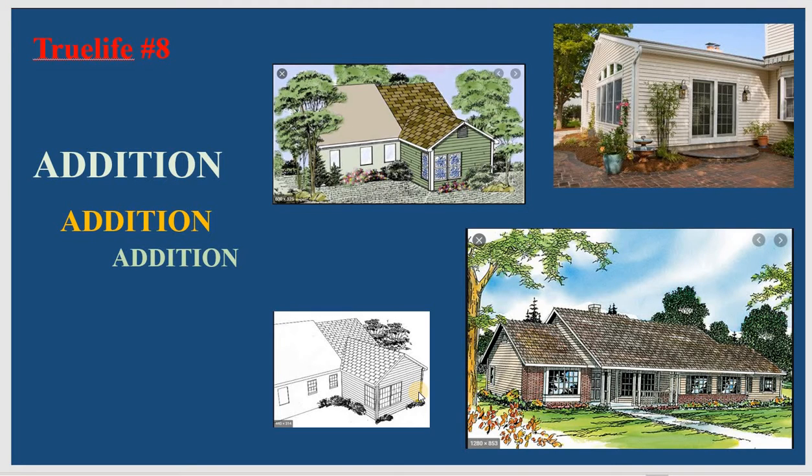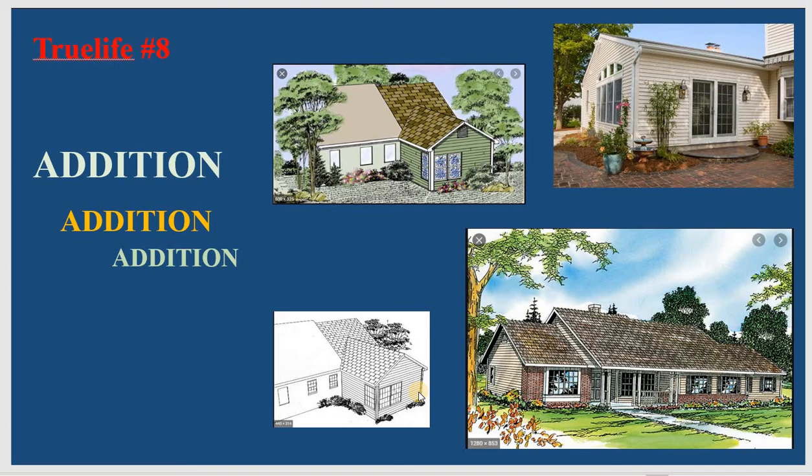Before we had ADU. ADU is accessory dwelling unit, and today we have addition. An ADU is also an addition, but it has a separate entrance, and it's totally independent from the existing house.